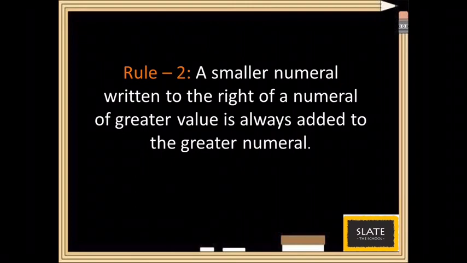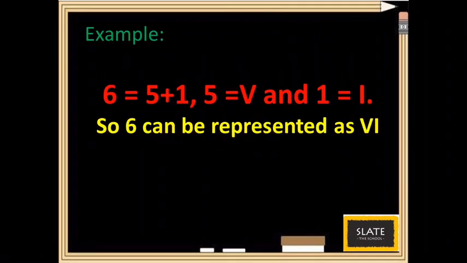Now comes to rule 2. A smaller numeral written to the right of a numeral of greater value is always added to the greater numeral. For example, if I have to represent number 6, I can do it as 6 is equal to 5 plus 1. 5 is equal to V, and 1 is equal to I. So 6 can be represented as VI.